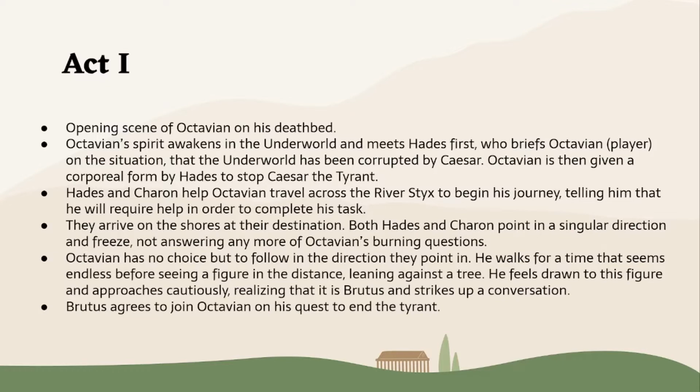Octavian has no choice but to follow the direction they point in. He walks for a time that seems endless before seeing a figure in the distance, leaning against a tree. He feels drawn to this figure and approaches cautiously, realizing that it is Brutus, and strikes up a conversation. Brutus agrees to join Octavian on his quest to end the tyrant.